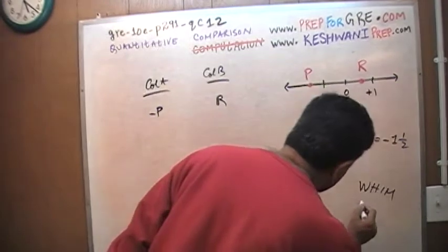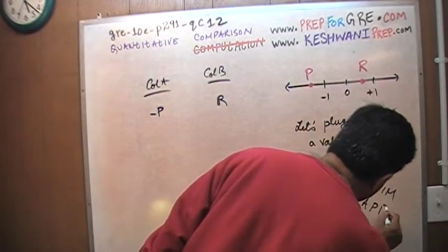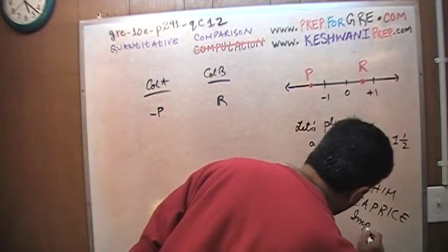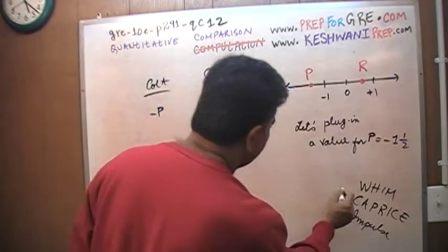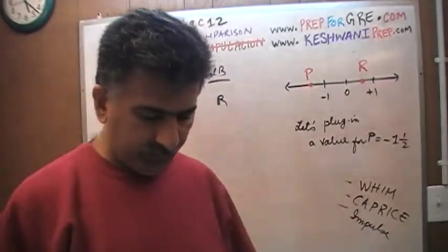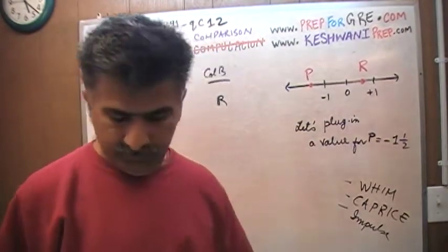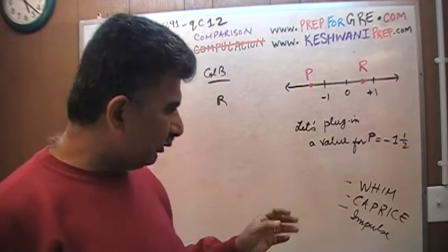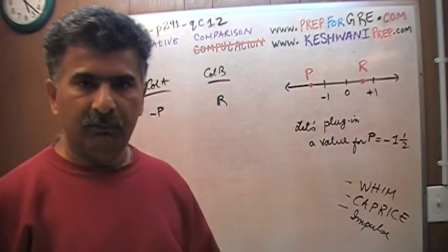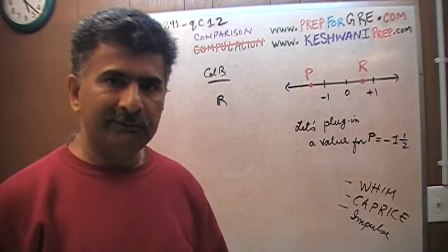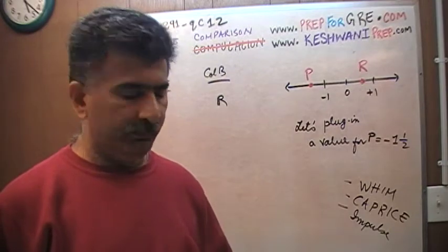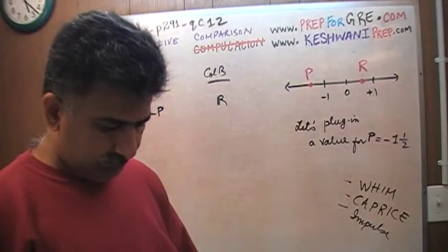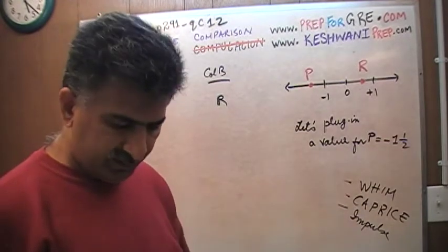Whim, and the other word that I used was caprice. And the third word that I used was impulse. And of course these are all synonyms. That's where the word capricious comes from, and that's where the word whimsical comes from. One who is whimsical is said to do things on whims. I don't know why I'm turning this into a vocabulary lesson.